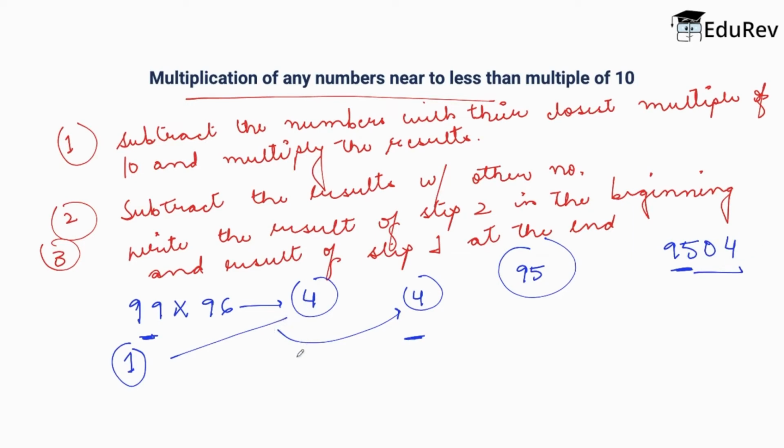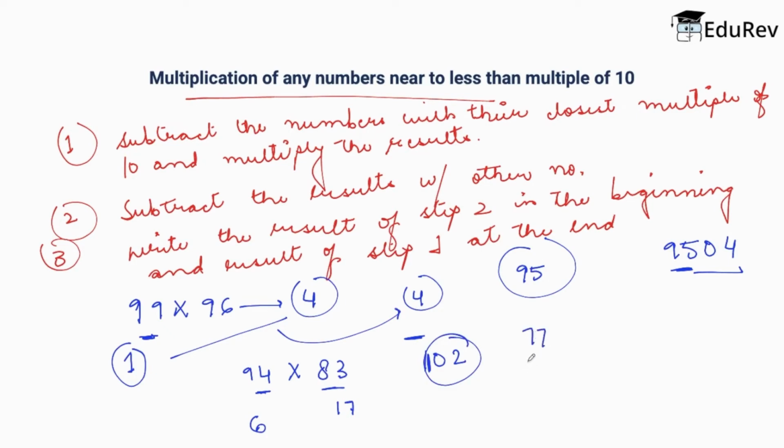Do not worry if it feels complicated. I'll do one more example. Let's see the multiplication of 94 and 83. When I subtract 94 from 100, it will be 6. And when I subtract 83 from 100, it will be 17. Now if I multiply 6 and 17, I'll get 102. Correct. Now when I subtract 17 from 94, my answer will be 77.